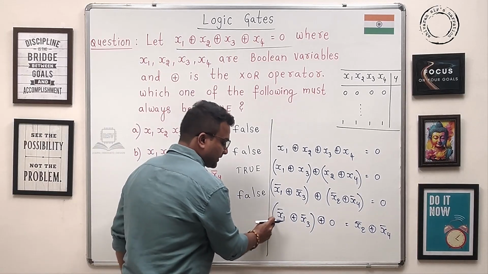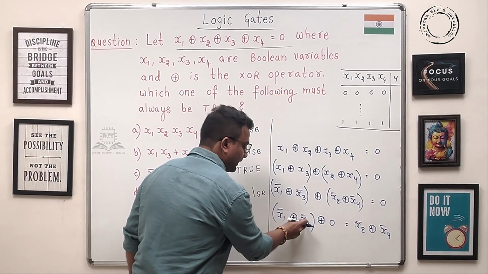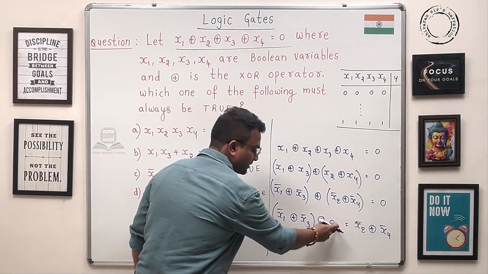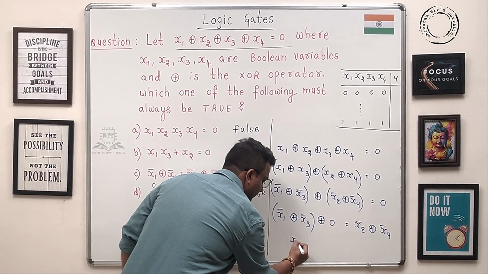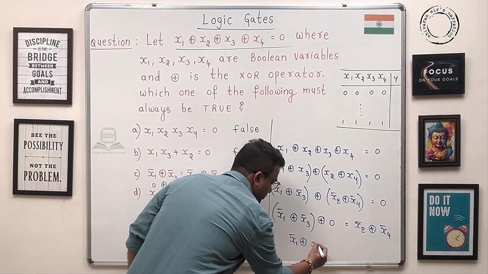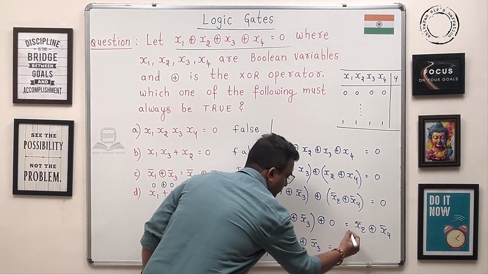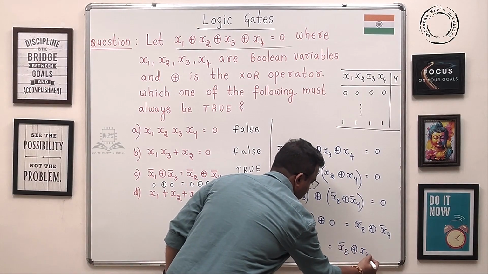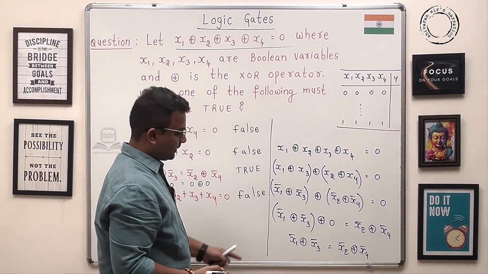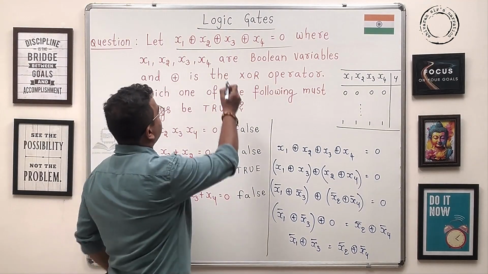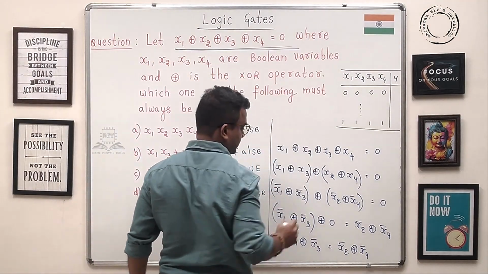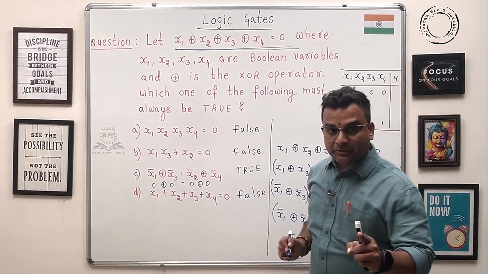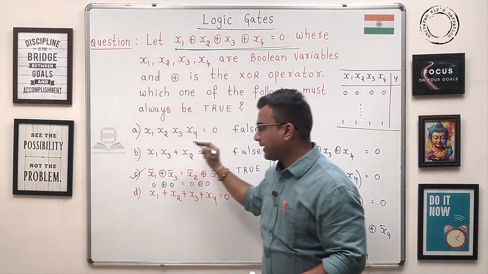Now here x1 bar XOR x3 bar whole XOR 0 is x1 bar XOR x3 bar, which is equal to x2 bar XOR x4 bar. This one. Hence this condition is true as per the given statement. Hence we can say option C is the right answer.